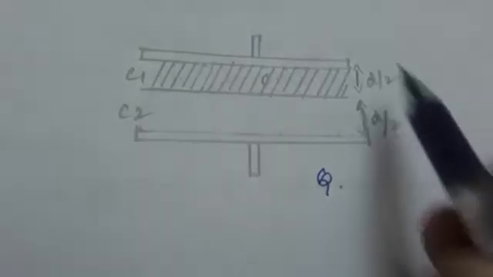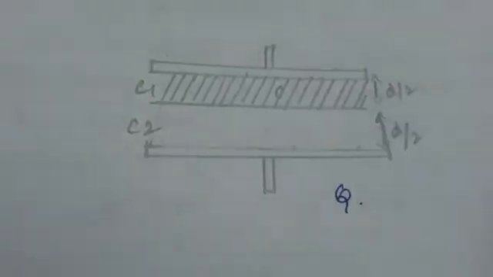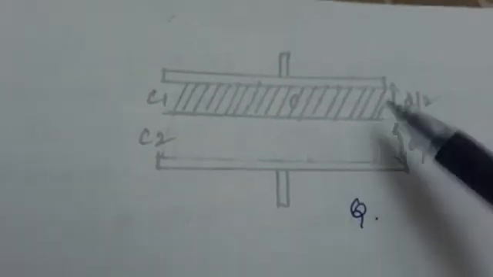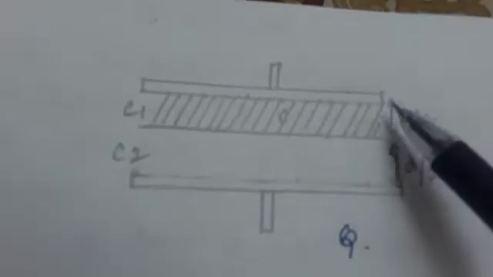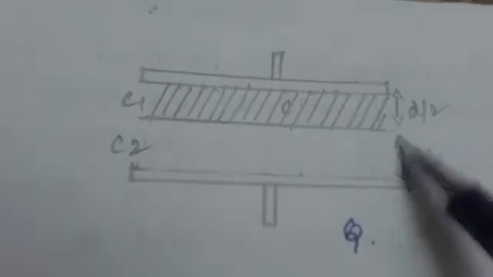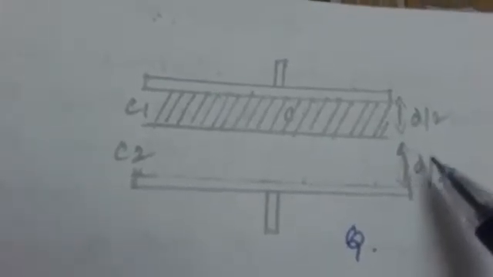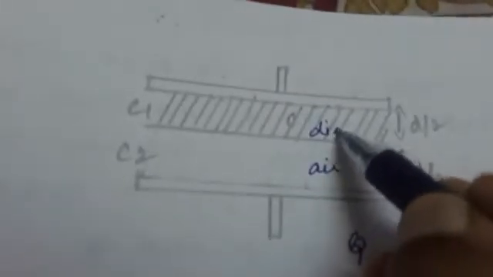Now coming to the second capacitor. In the second capacitor, the dielectric is filled in this way, so it is a series combination. Here the distance of separation for the portion with dielectric is D by 2, and for the portion with air it is also D by 2. So this is air medium and this is dielectric medium.